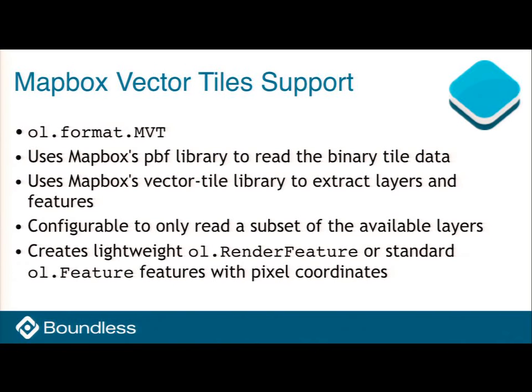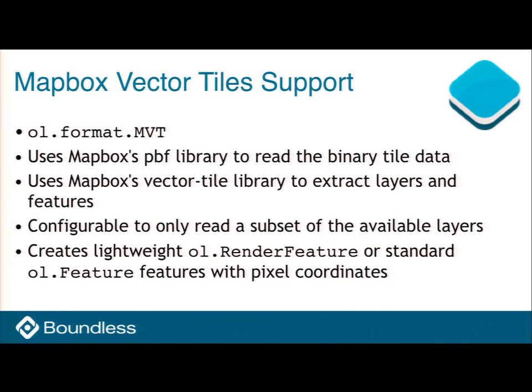And it is also configurable to only read a subset of the available layers. What Dave showed, you can create a group layer in GeoServer that includes many layers. You will have access to the names of these layers in the vector tiles, and if you're not interested in some of these layers, you can just exclude them from parsing by configuring the MVT format accordingly.